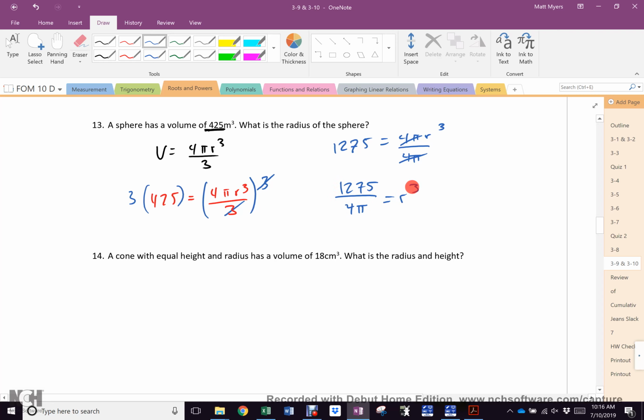How do you get rid of the cubed? Cube root. Now, if you got to there, have you shown me some math knowledge?